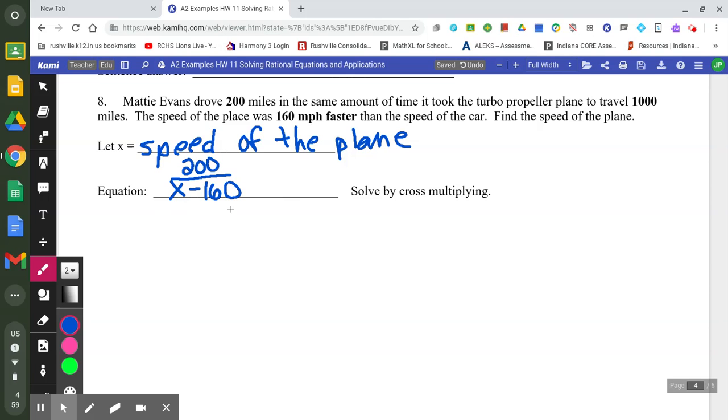So we're going to say her speed is the speed of the plane, X minus 160. And that's going to equal the number of miles the plane traveled, and we don't know its speed.